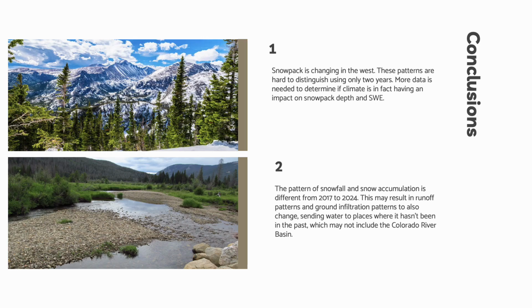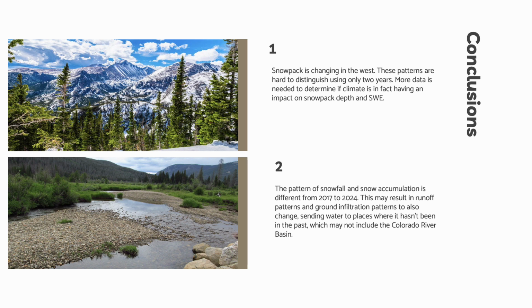So from all of this, I drew two main conclusions. The first one is that snowpack is in fact changing in the West. These patterns are hard to distinguish only using 2 years, just because climate, obviously you need a longer time base to really determine if patterns are occurring due to climate-related issues.